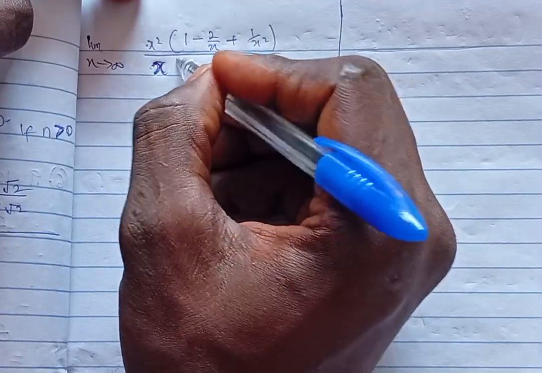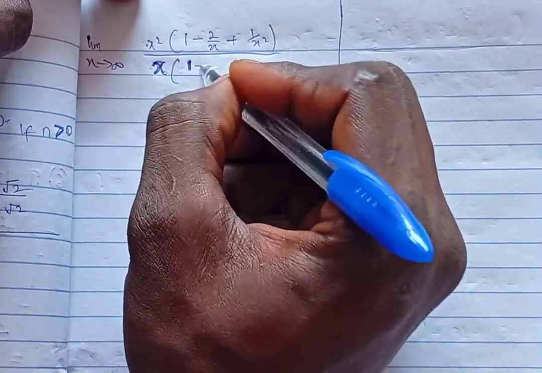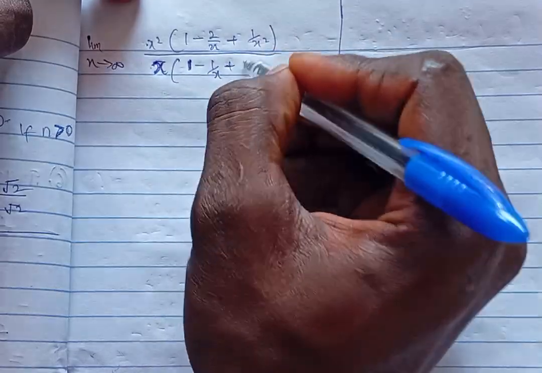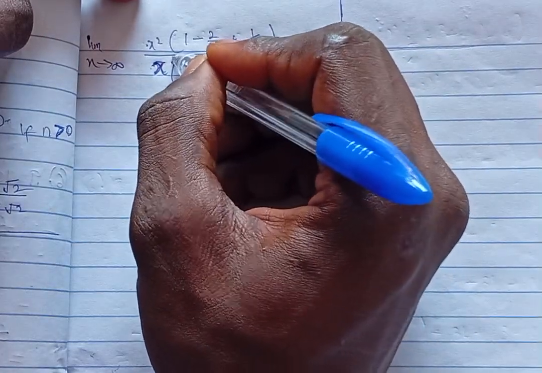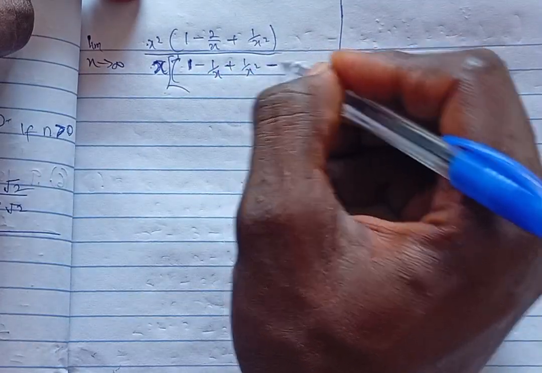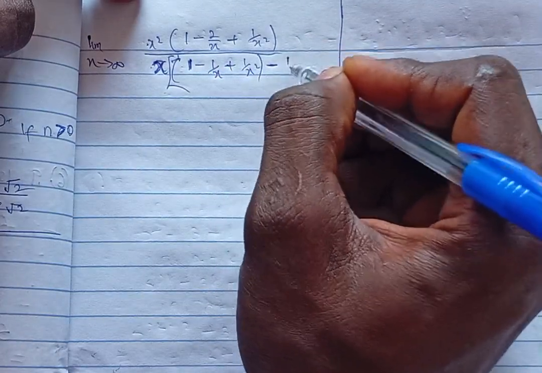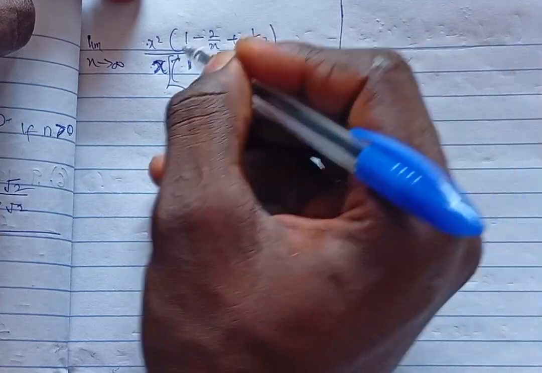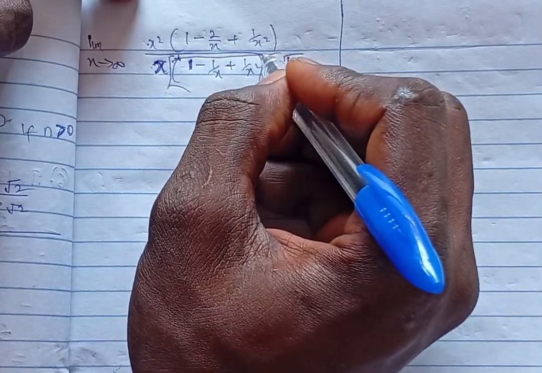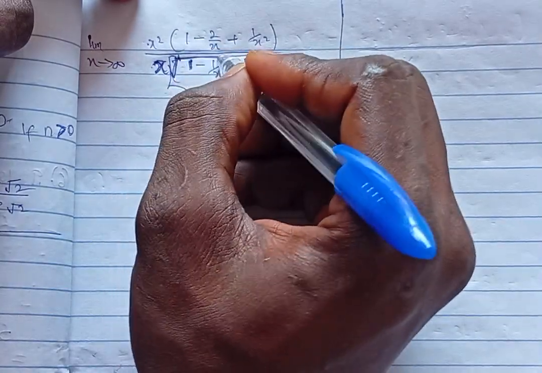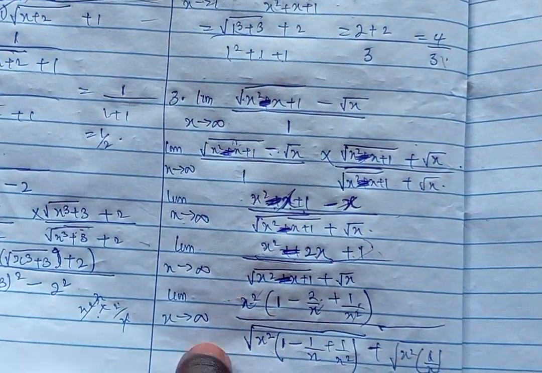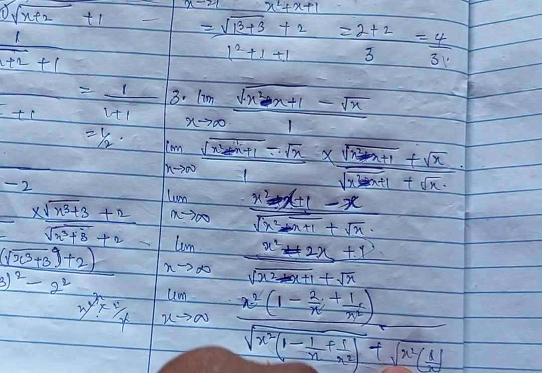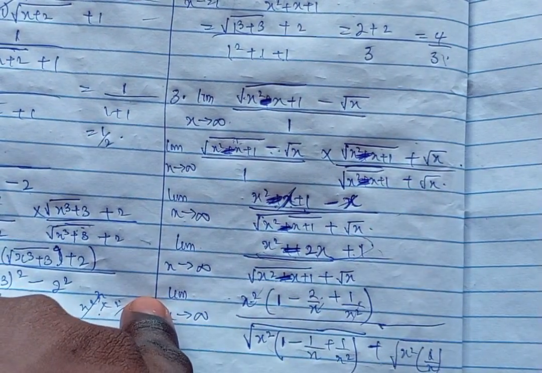Okay, x open bracket 1 minus 1 over x plus 1 over x squared, minus square root of 1 over x. Don't forget the square root, because if you check, you can say x comes out, because square root of x squared is x.